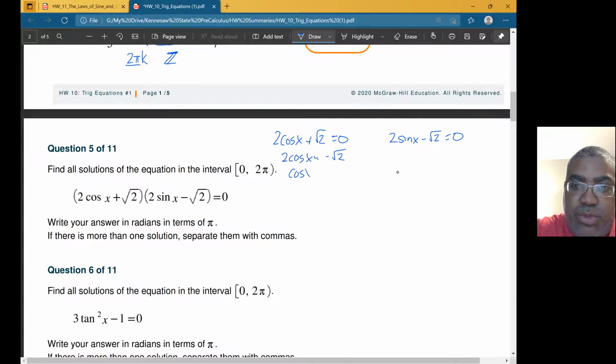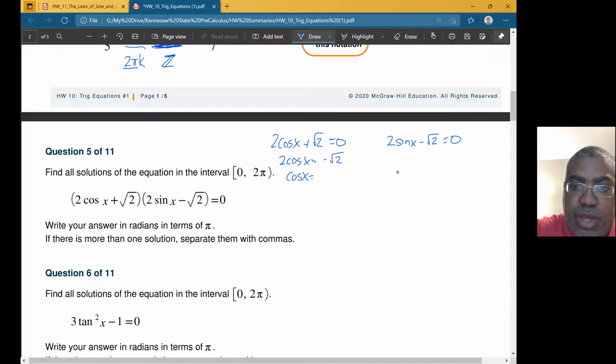So cosine x is equal to negative root 2 over 2. So x is equal to the arc cosine of negative root 2 over 2. Where is cosine equal to negative root 2 over 2? It's going to be in the second and third quadrants. So that's going to be 3 pi over 4 and 5 pi over 4.